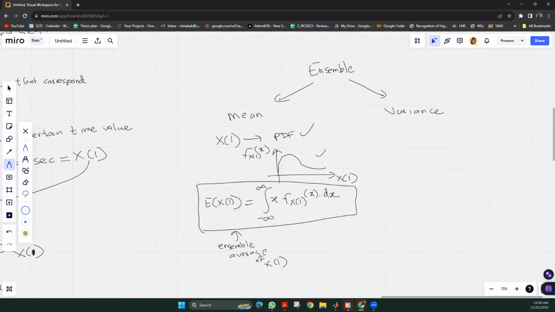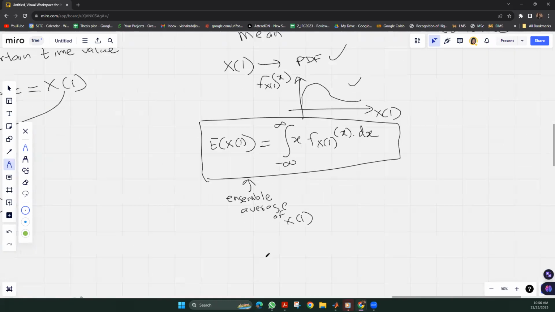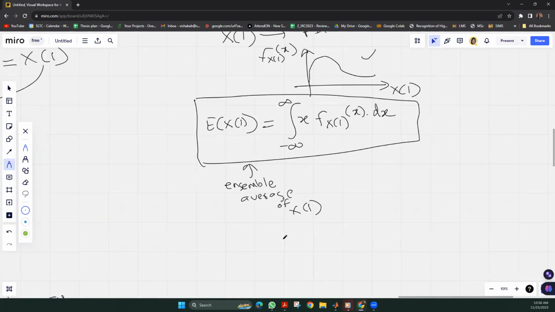For a general scenario, we can define the ensemble average at a certain time t as E[X(t)] equals the integral from minus infinity to plus infinity of x times f_X(x, t) dx.